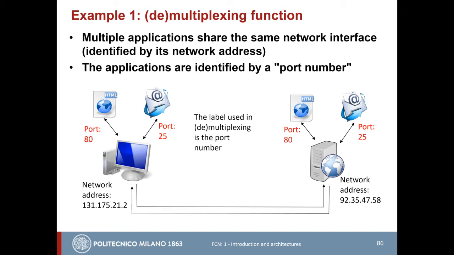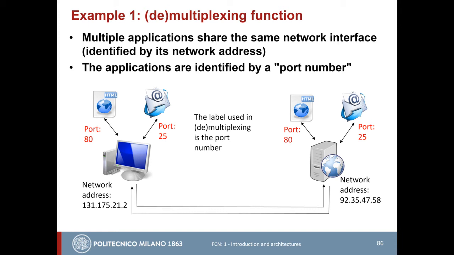So your client application for web browsing wants to talk only with the server side of the web browsing application that is running on the server. And the email application wants to talk with the server side of the email application in the server. But they are active on the same physical machine.